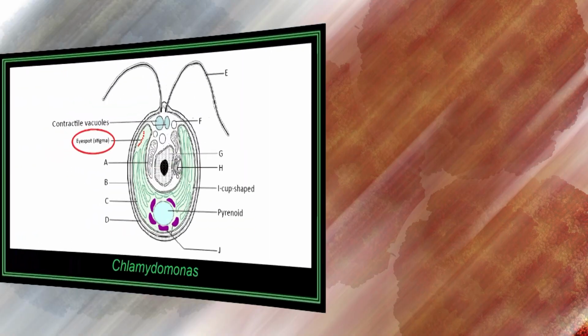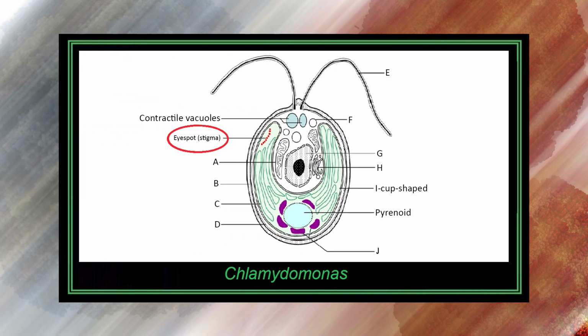It serves as a photoreceptor and plays a role in directing the movement of flagella that enable the cell to move from bright light to diffused light. The eye spot is made up of a curved pigmented plate. The plate contains 2 to 3 parallel rows of droplets or granules containing carotenoids.